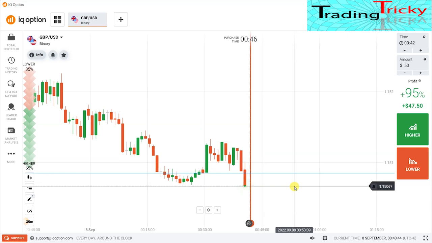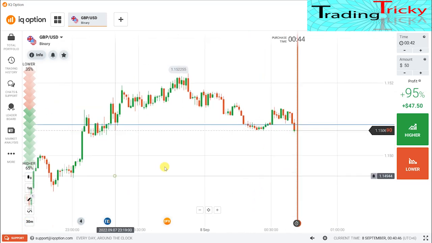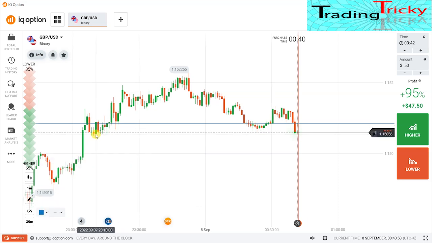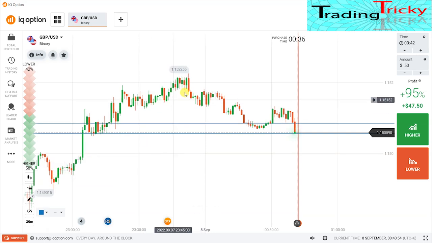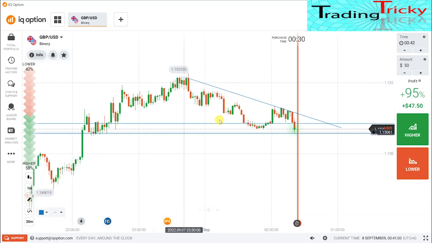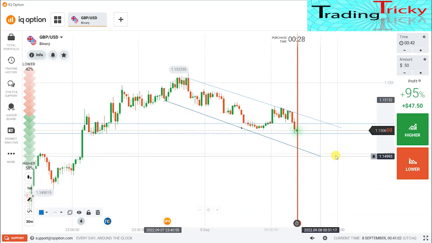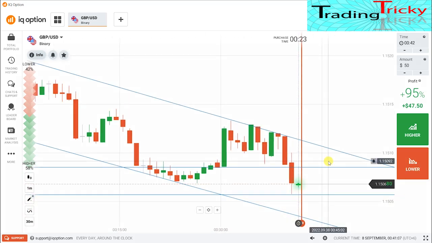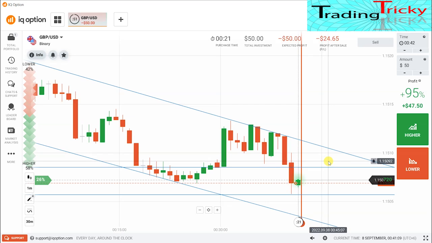Okay, we can see the market is going down all the way. Now I have to check the level first here. It's a resistance level and this is a support level. There is a gap, so I'm going to place a lower option here.